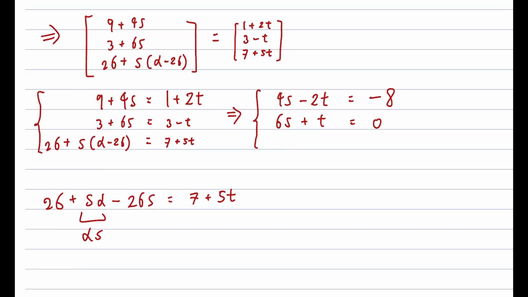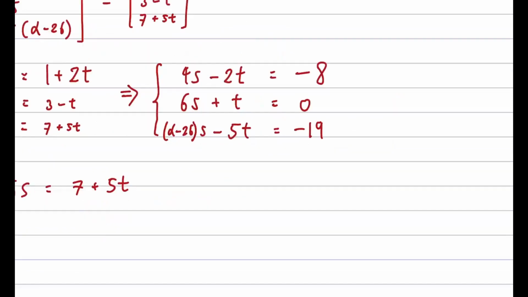Yeah, you know what? I'm just gonna leave it alone. Alpha minus 26 bracket S. 5T bring over, get minus 5T equals to 26. I bring over becomes a 7 minus 26. 7 minus 26 on a calculator gives me a negative 19. Okay, then I can try to solve for S and T and alpha.